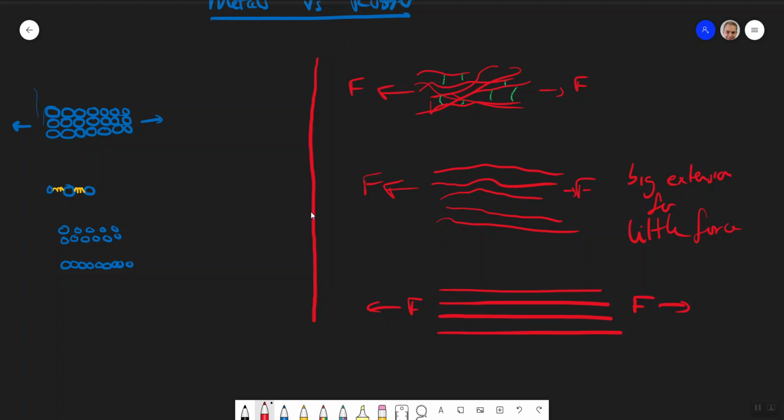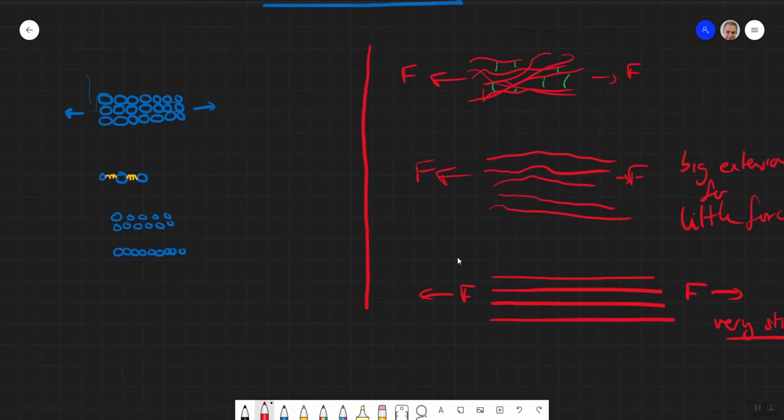They do not have the same give as, say, a metal as we're dealing with in the spring. So now this material becomes very stiff, and it becomes very hard to get any more extension. There'll be very little change in the length of the rubber. It'll eventually just break.